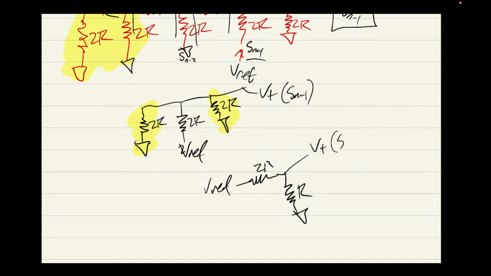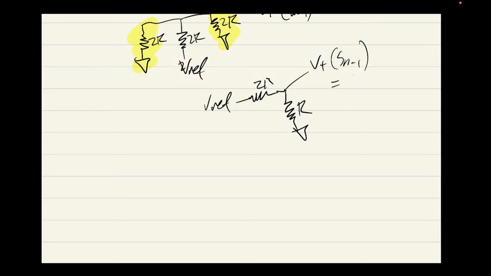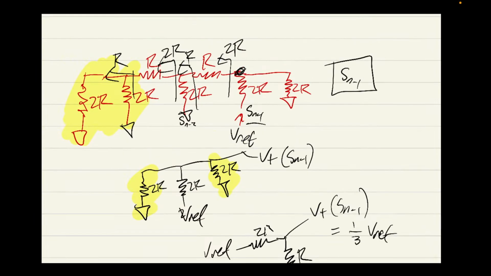V plus from Sn-1 is going to equal 1/3 of Vref. Okay? Good stuff. That's how we consider just the normal analysis of the most significant bit in an R2R ladder DAC. Now, that's fantastic. Now we have to do that n more times.